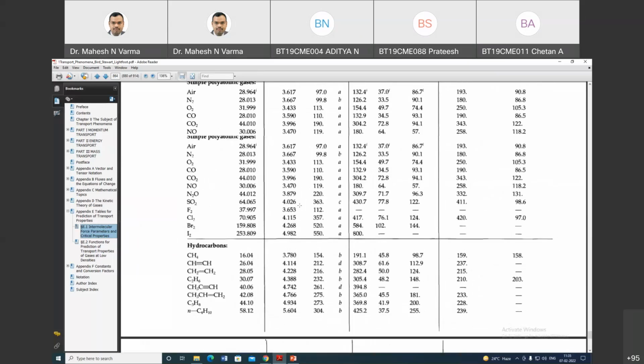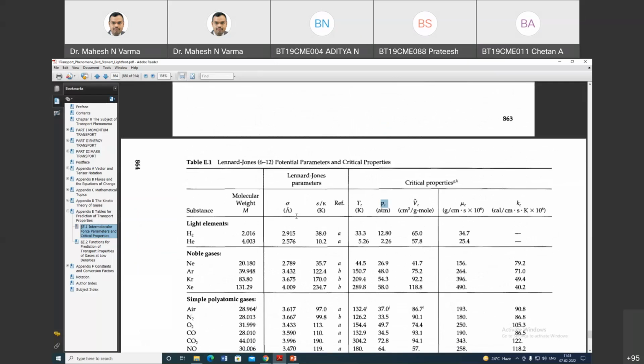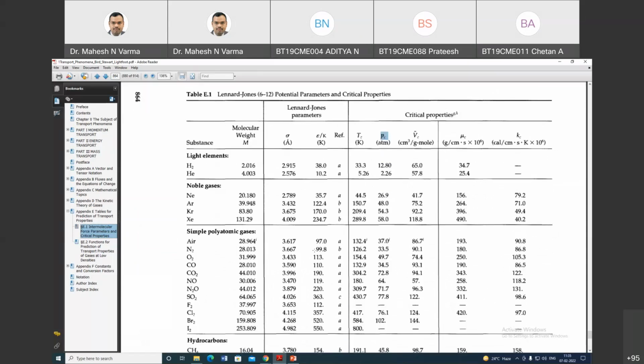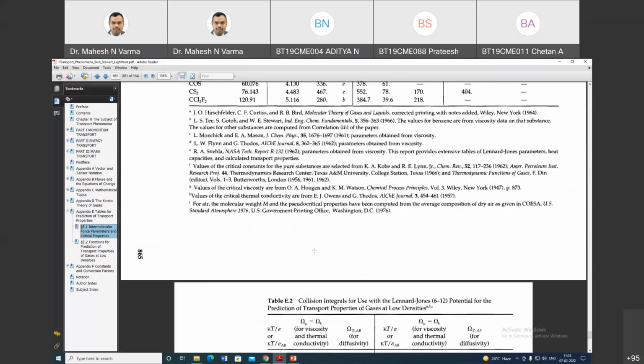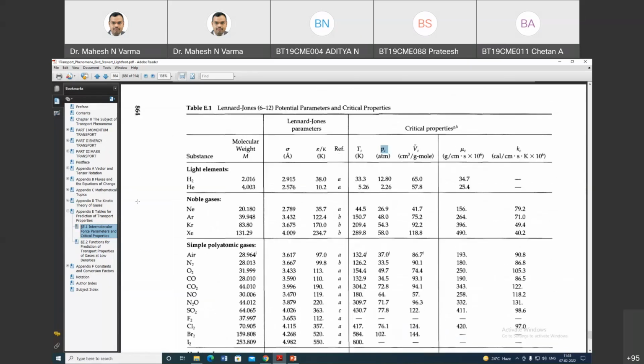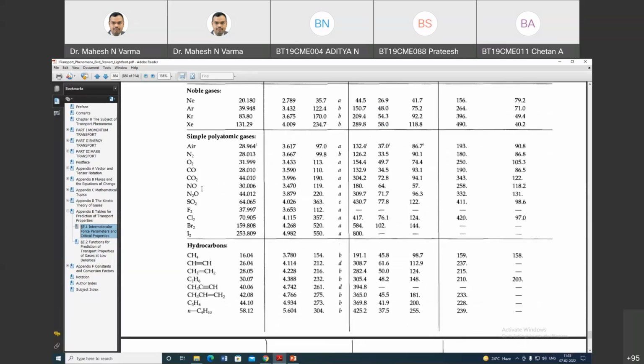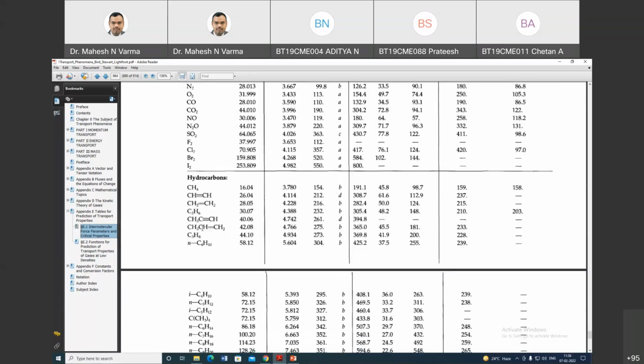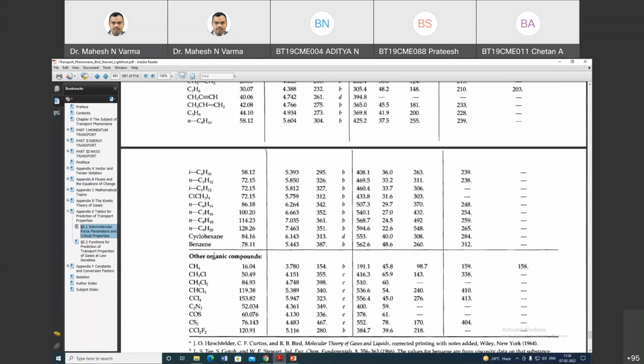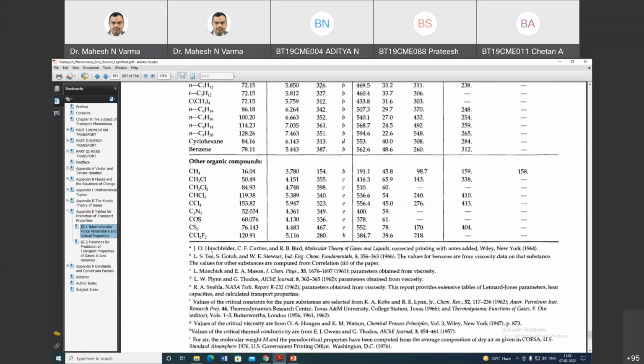Okay, so you can get different values of collision diameter and collision integral for different values of kT by epsilon. I have broken this as per our requirement, whatever be needed. So using these two tables, first of all, these Lennard-Jones parameters: this is collision diameter and epsilon by k, the Lennard-Jones parameters. Using this data, and this collision diameter and collision integral, you can get the viscosity of all these compounds: helium, hydrogen, neon, argon, krypton, xenon, air, nitrogen, oxygen, carbon dioxide, carbon monoxide, sulfur dioxide, then freon, chlorine, bromine, iodine, and hydrocarbons, benzene, and all these other organic compounds also, and more.